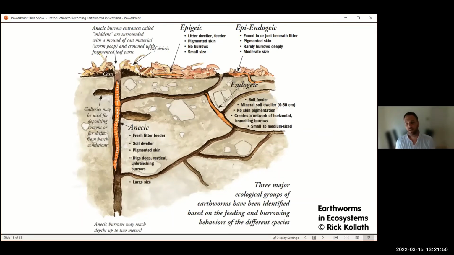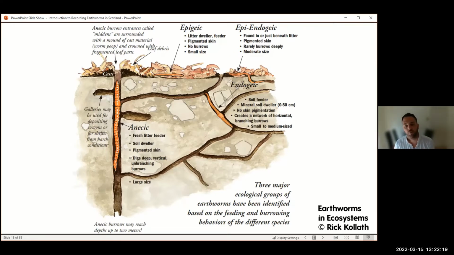So let's have a look at how they're important. We can break them up into 3 ecological categories. In the UK, we divide them up a little bit further into a 4th one, but really that 4th category is a subset of one of the others. So these are the Anecic, the Epigeic and the Endogeic earthworms, and they're categorized by where they live within the soil profile and the ecological function which they undertake.